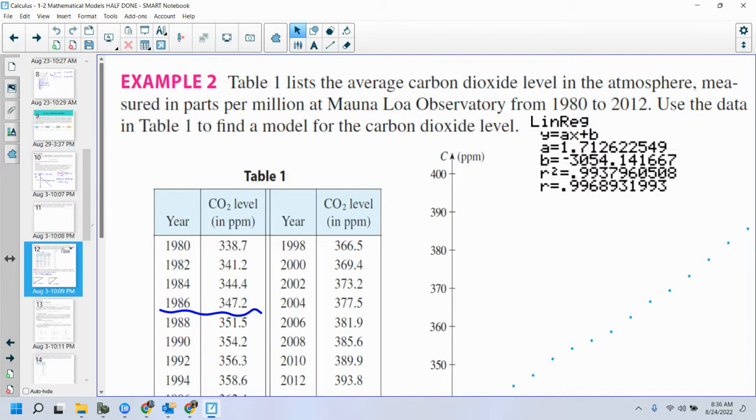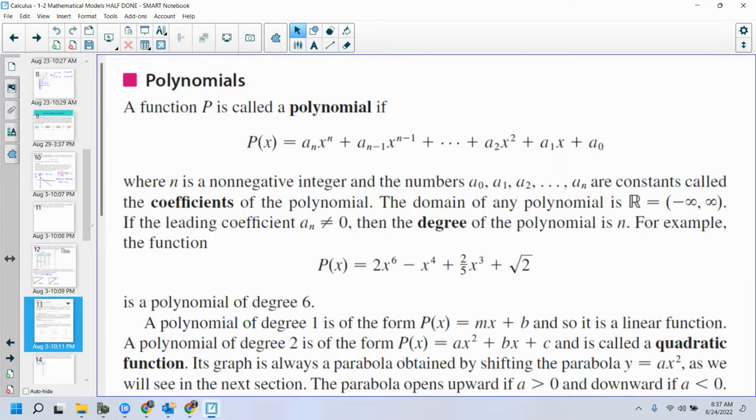We saw that it was something like 420 parts per million, when our model said it was only going to be like 408 or 409. So I actually ran a quadratic regression to see maybe this wasn't linear, but maybe this is quadratic, growing at an x squared pattern, and that was closer than our linear model came out to be. Just interesting. I don't know why I found that interesting, but all right.